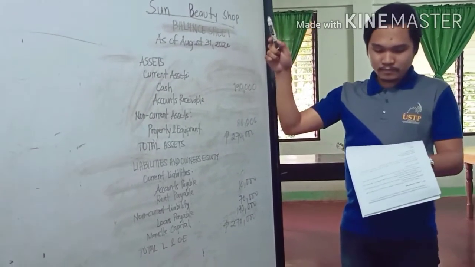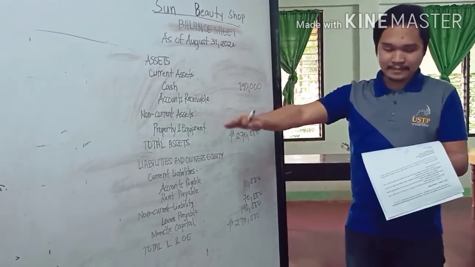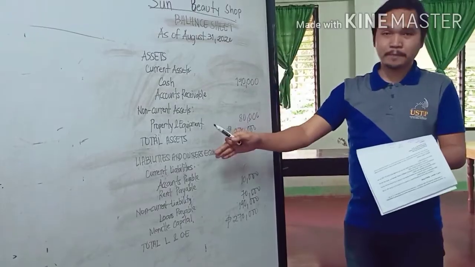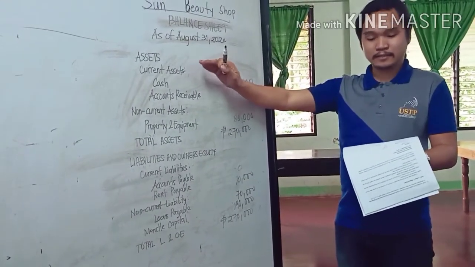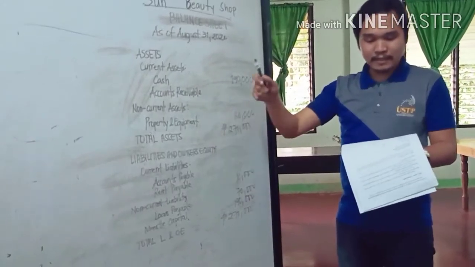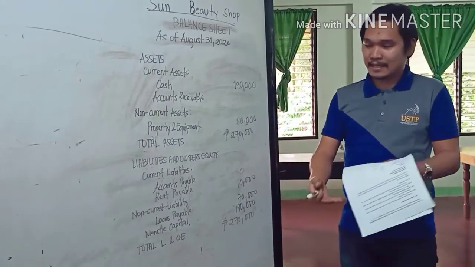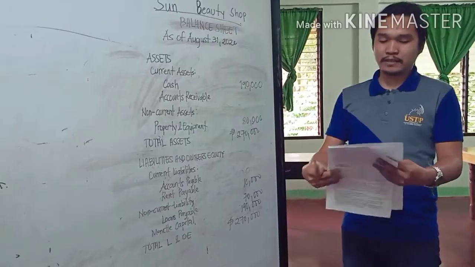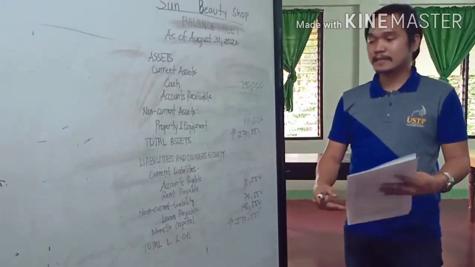A balance sheet summarizes the assets, liabilities, and owner's equity of the company. Assets refer to the properties owned and controlled by the company, while liabilities are the obligations to creditors, lenders, and others. And the capital represents the portion that is left for the owners of the business after all the liabilities are paid.